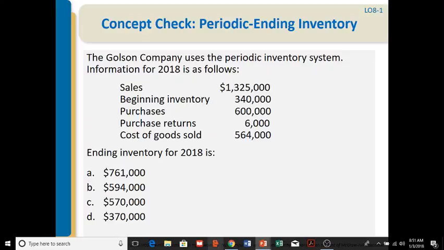Well, 340 plus 594 equals 934. 370. We already said that, right?